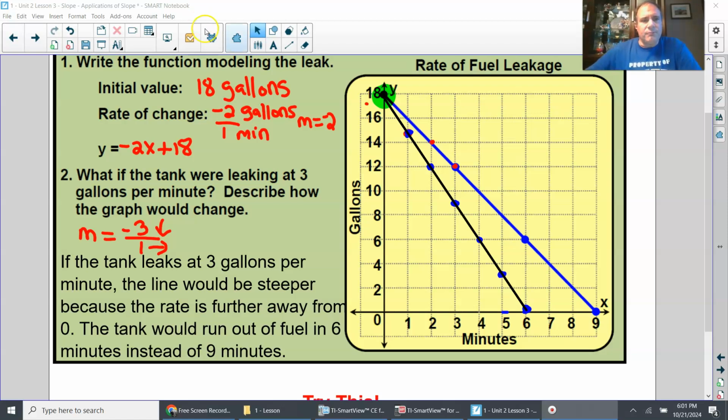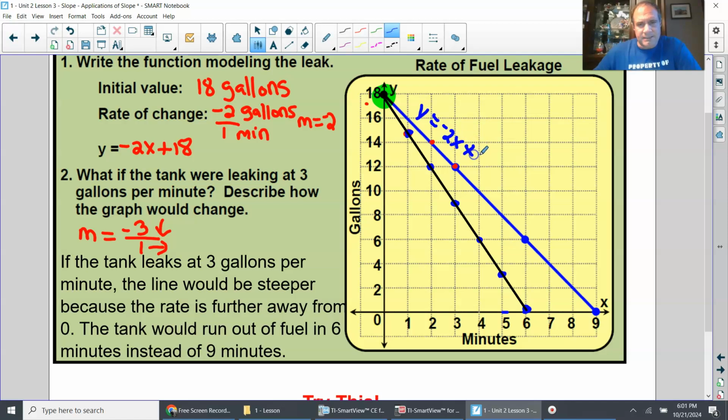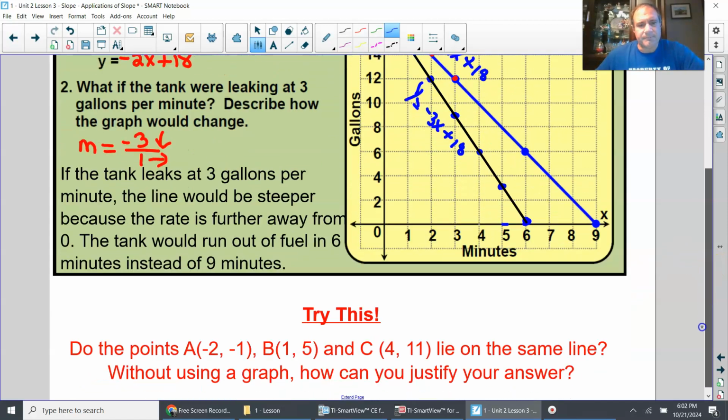So if you were labeling these lines, you would have this one here as y equals -2x plus 18. And this one here as y equals -3x plus 18, plus the same 18. Because you're starting with 18 gallons of fuel.